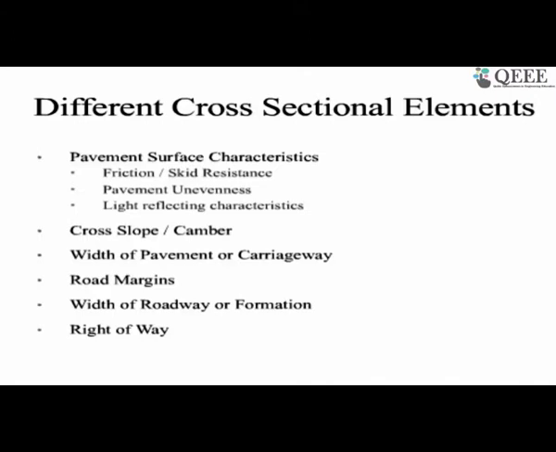Width of the pavement is a very important thing, and one of the important deciding factors is traffic. If you consider a roadway where the traffic is quite high, definitely you need more lanes, and that is what we say: the traffic has gone up and it's so congested, so how do we decongest the road? Add lanes, make it wider. That is what the pavement width, or the width of the carriageway, means.